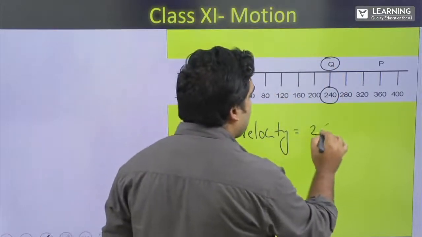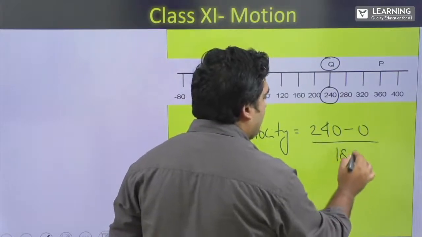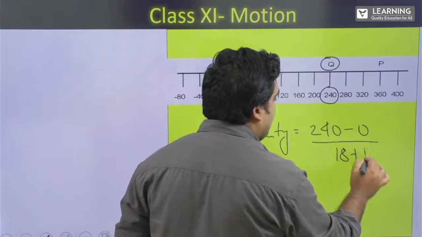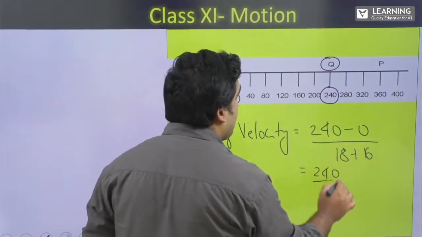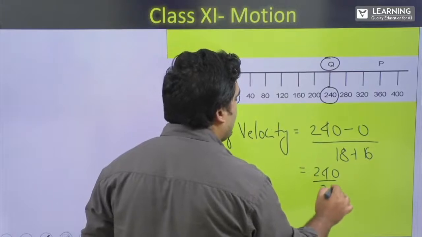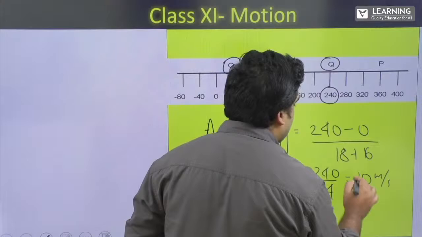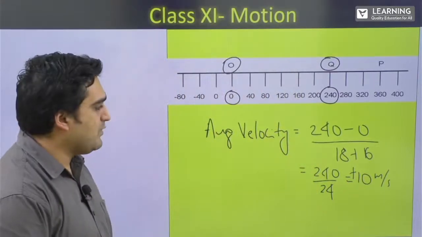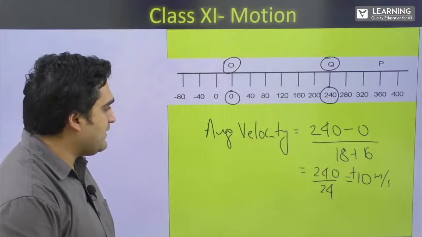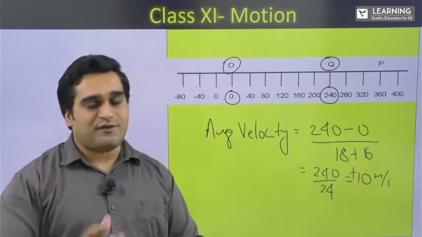That is 240 minus 0 divided by total time taken, which is still 18 plus 6. So 240 divided by 24 is equal to 10 meter per second, still in a positive direction. So this is how you identify the average velocity and the average speed for a given case.